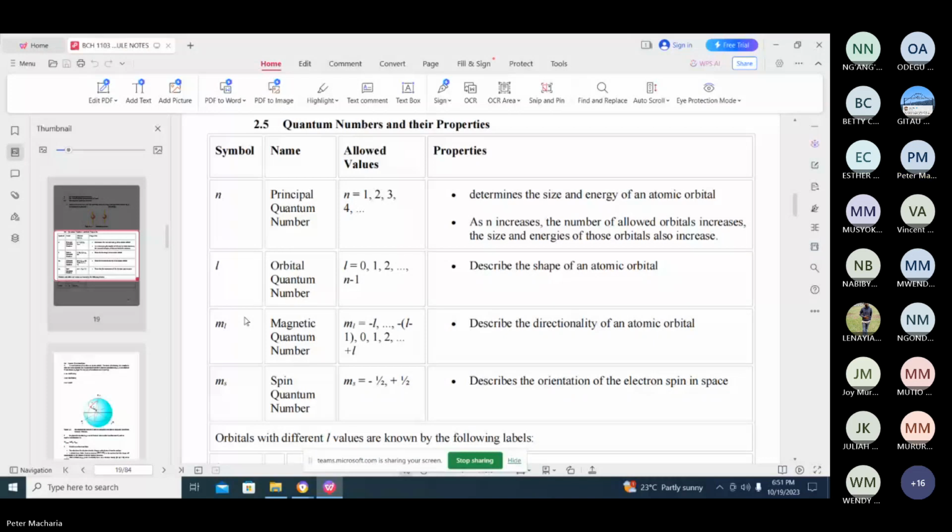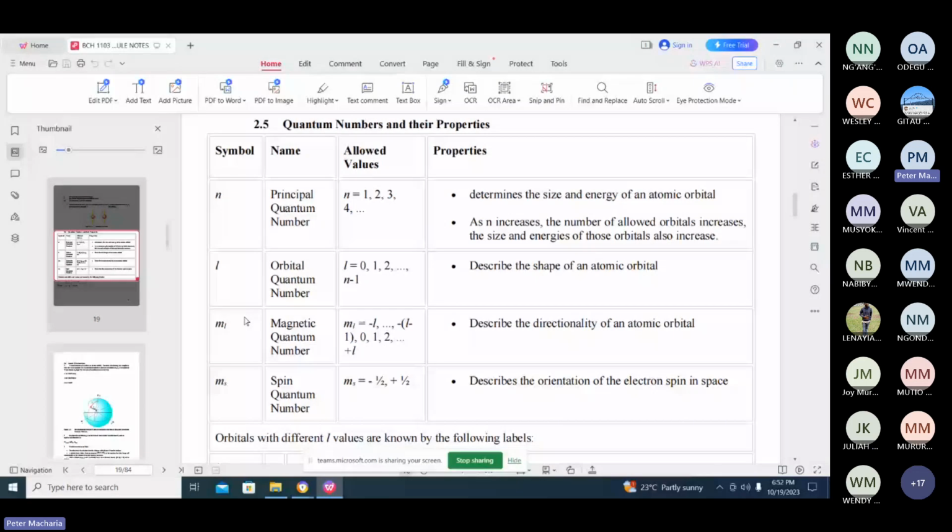So if we go to F, because those are the ones that exist naturally, F takes the value of 3.